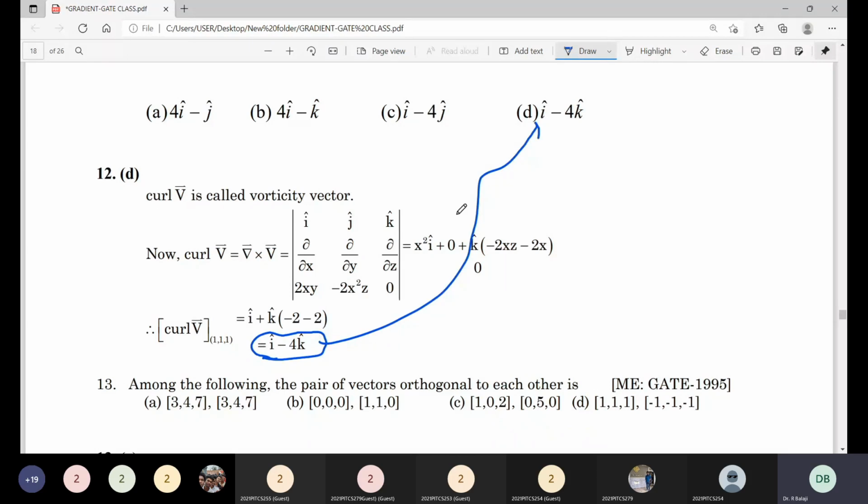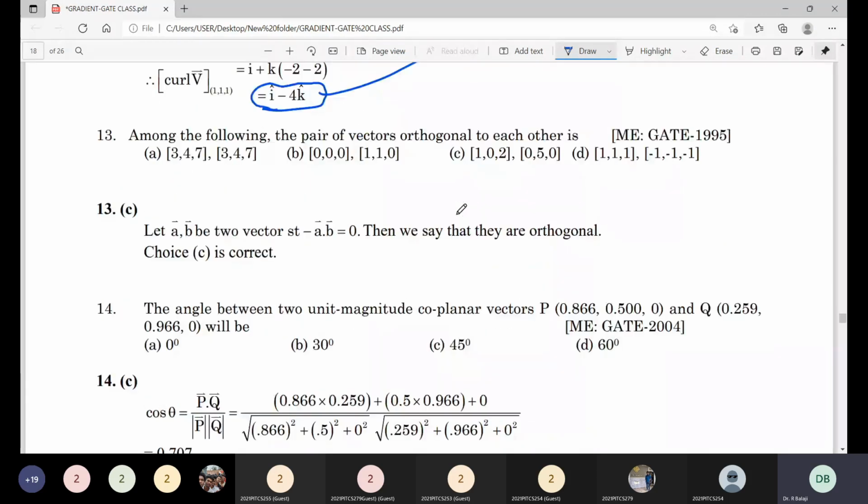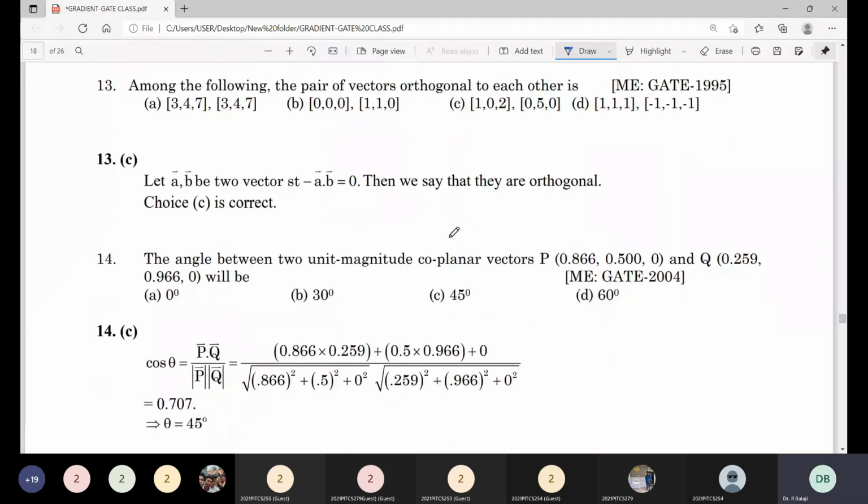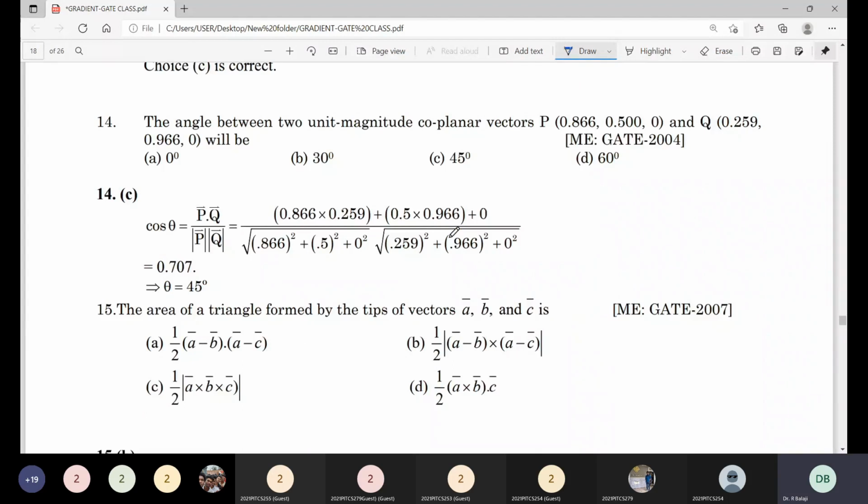Okay, right. Now, the angle between two unit magnitude coplanar vectors P and Q is given here. See, the formula for the angle: cos theta is equal to P vector dot Q vector divided by modulus of P vector into modulus of Q vector.